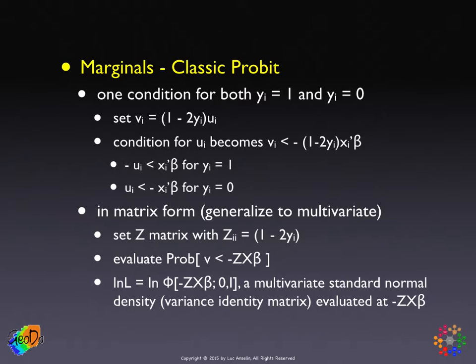And now we're going to write this in matrix form because we want to show the difference between this case and the spatial cases, and we want to move to the log likelihood.